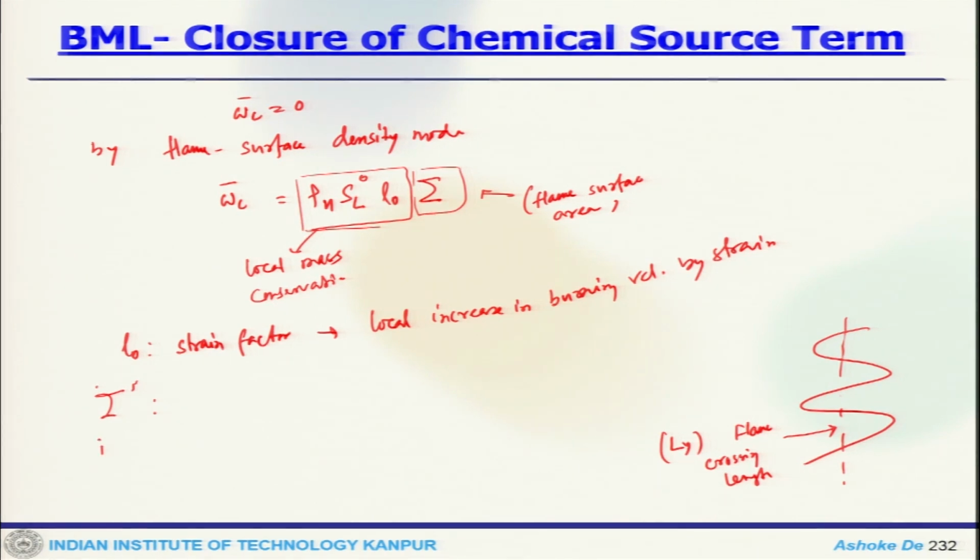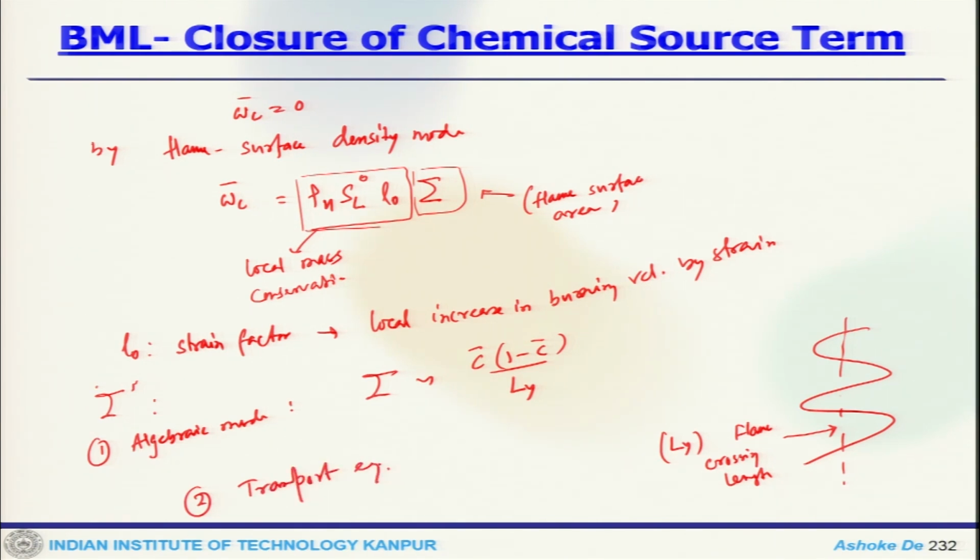So one option is to use an algebraic model, which closes this term as C bar (1 minus C bar) by L_y. So this is a simple expression one can use, or one can use the transport equation. That is another option to close this model.